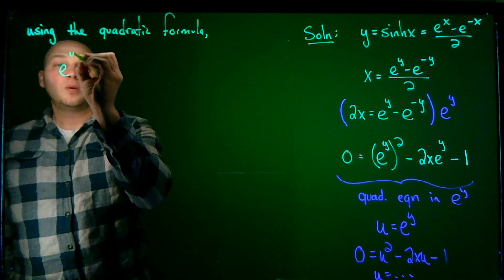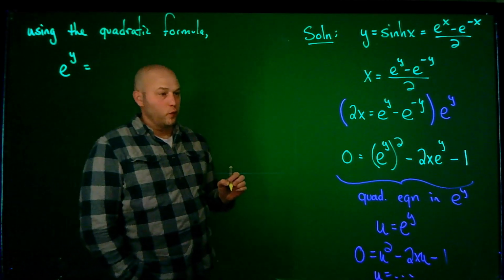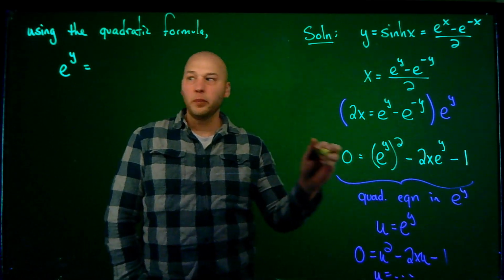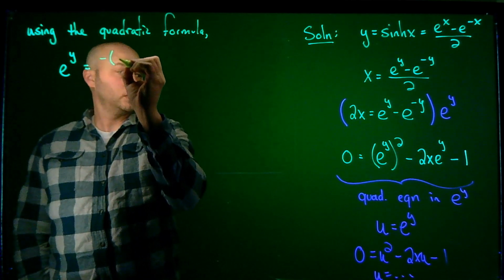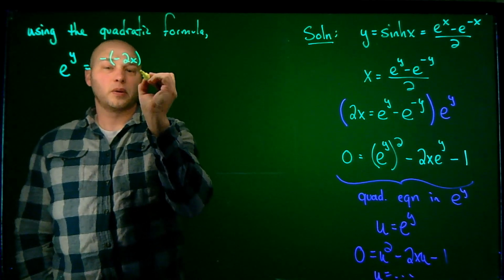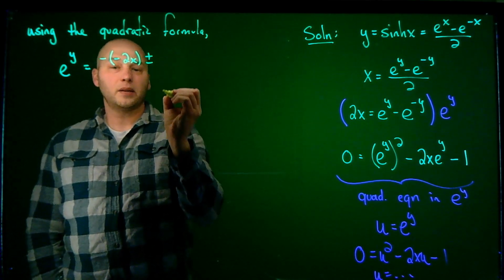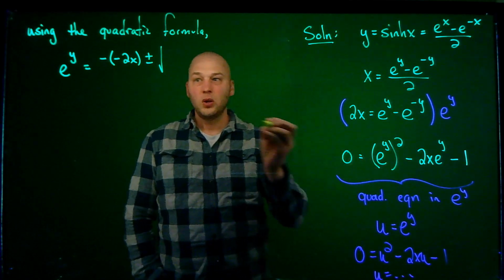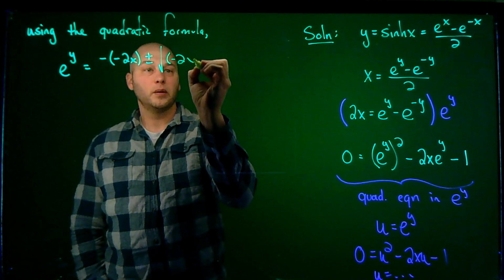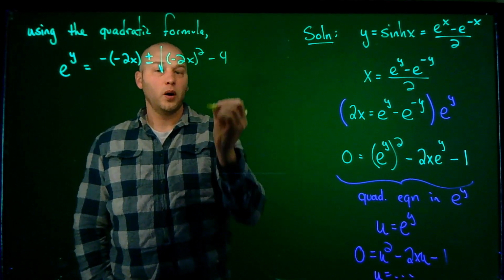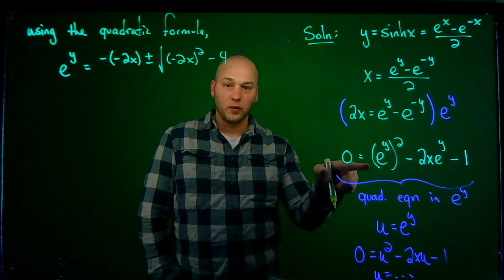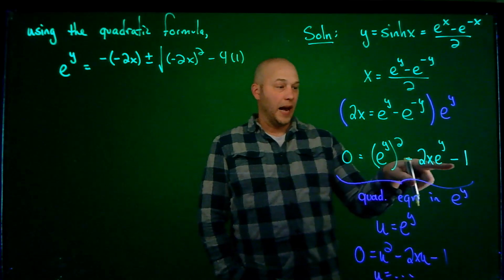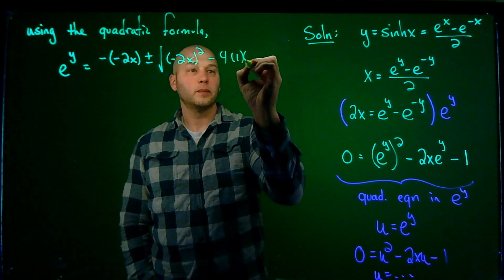So I've got e to the y is equal to, using the quadratic formula, remember it's negative b, where b is the coefficient of the first power term. That means I would have negative negative 2x, so negative b, plus or minus the square root of b squared, so that'd be negative 2x quantity squared, minus 4 times a. A is the coefficient of the squared variable, so that'd be 1. And then c, the constant term, is negative 1.